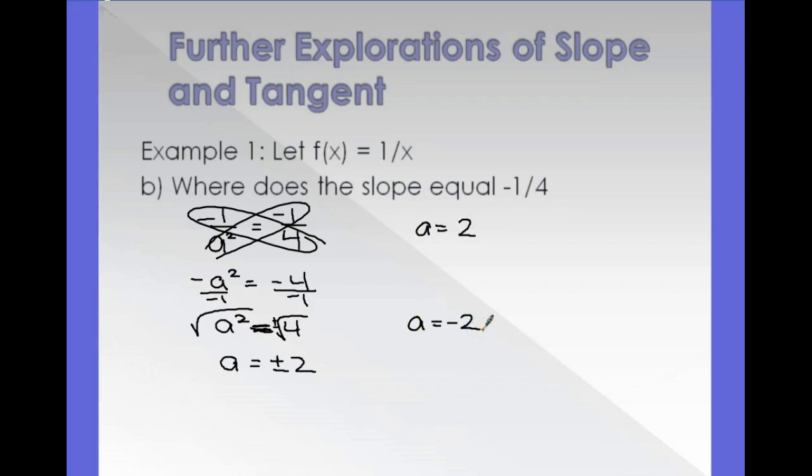So again, that's like our x value. So you can find f of 2 and f of negative 2 to get your coordinate points.